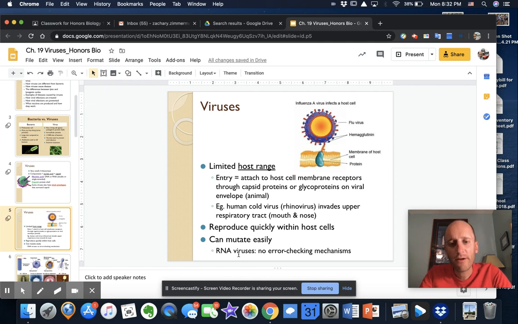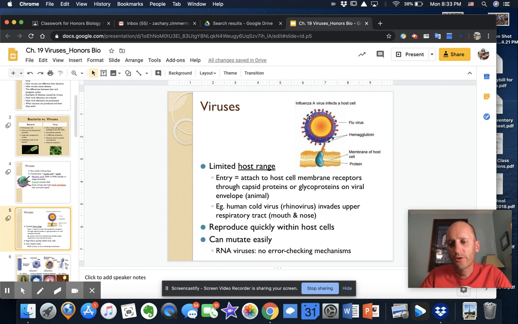So they can mutate, and RNA viruses particularly mutate very rapidly, and this is because they do not utilize the proofreading mechanisms that our cells use when they are copying their DNA and reproducing. So that means these RNA viruses can adapt very rapidly, and they can actually change the configuration of these proteins on the surface of the viral envelope.